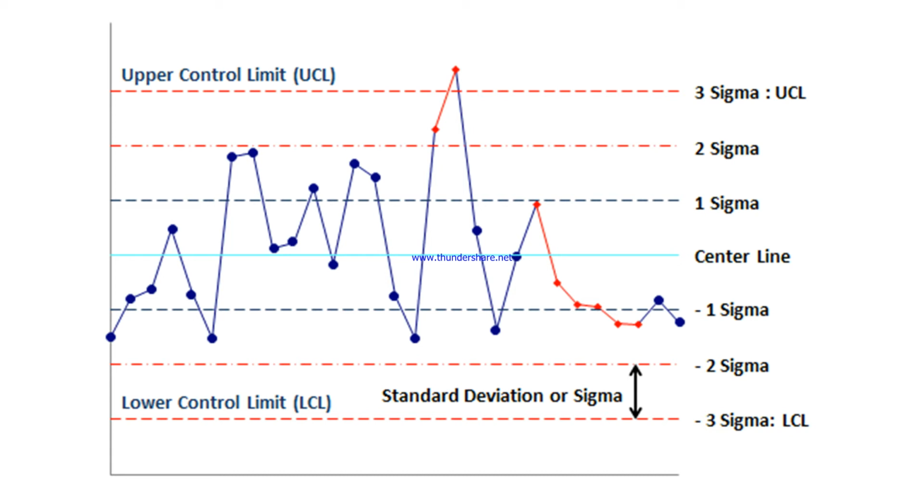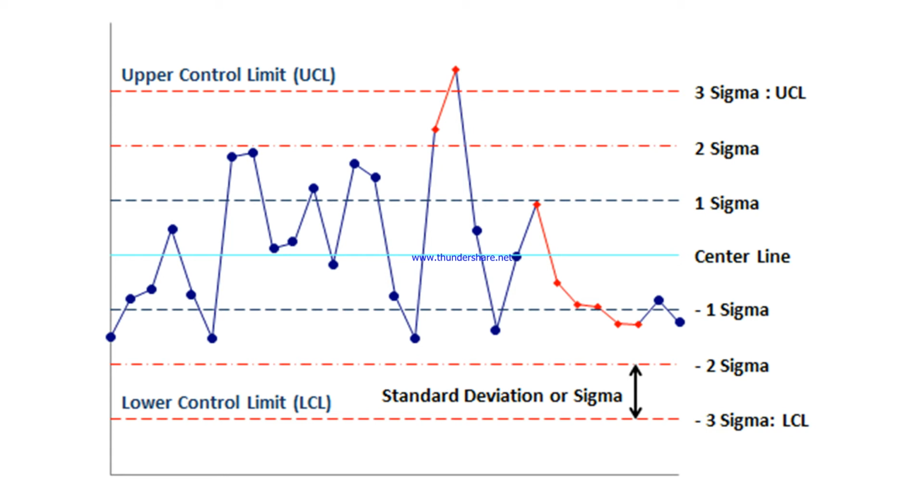So you can see, taking the center line, I have plotted another 2 lines at a distance of 1 standard deviation, and I have denoted that as 1 sigma.